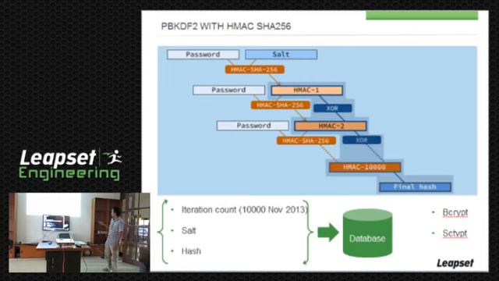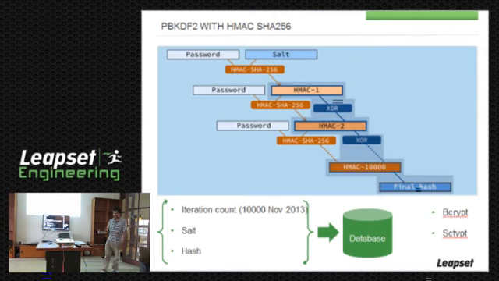So this algorithm accepts a work factor. Work factor means the number of iterations, so we can configure the number of iterations. As of November 2013, the accepted value is 10,000. What we do is provide the number of iterations, salt and the password to this function, create the hash, and store the iteration count, salt and the hash in the database.